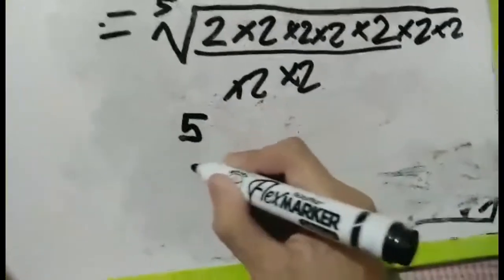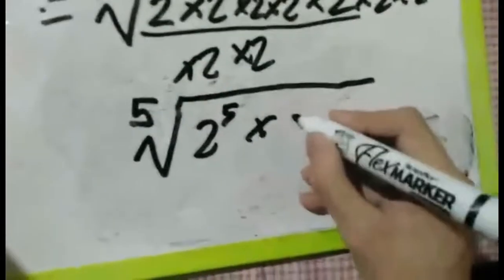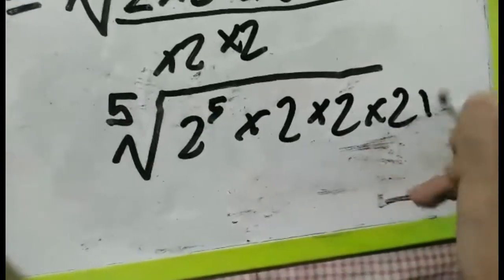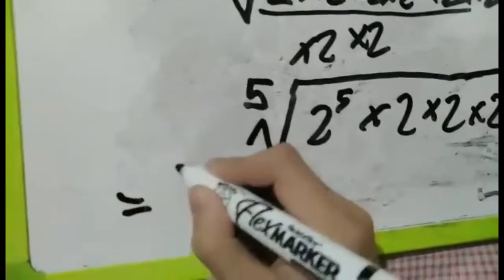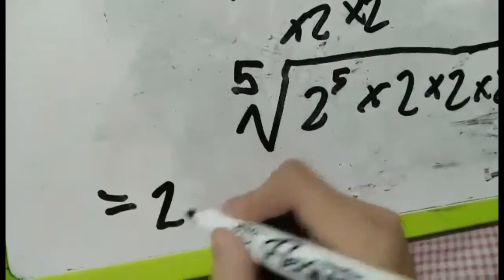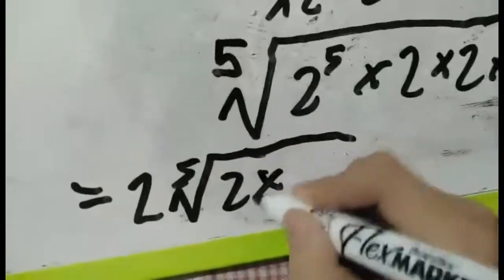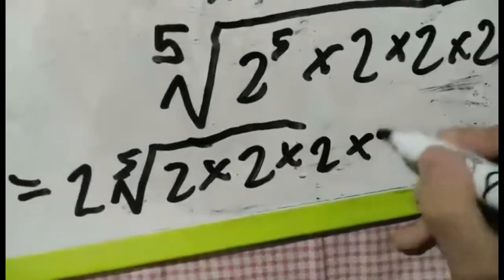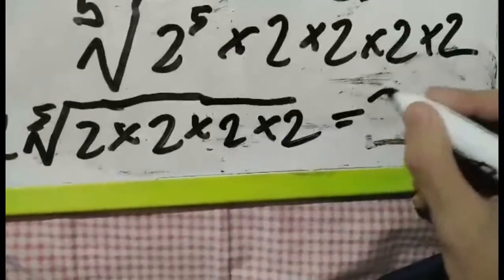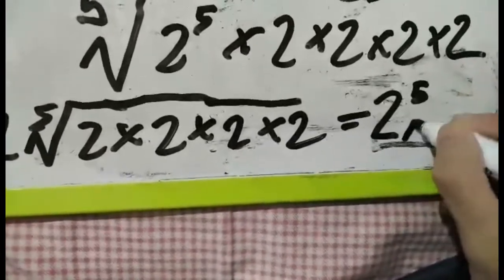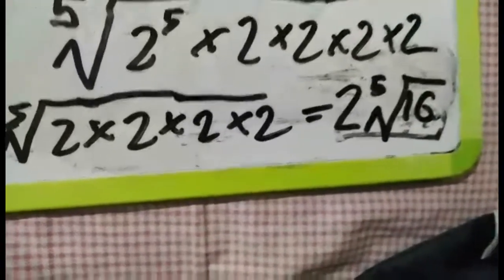So, put them together: 2 raised to 5 times 4 more 2's, which would give us 2 times the fifth root of these 4 2's, which we know is 16. And that is our final answer.